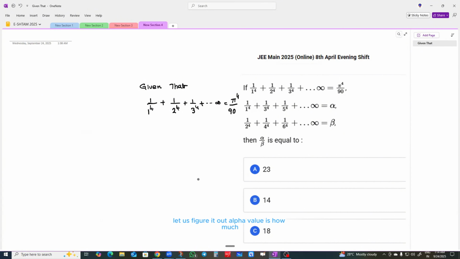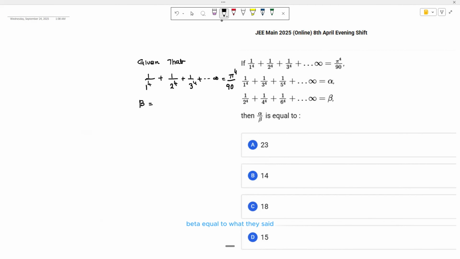Let us figure it out. What is alpha saying? Let's try beta first and then we will go with alpha. Beta is equal to 1/2^4 + 1/4^4 + 1/6^4 and so on to infinity.